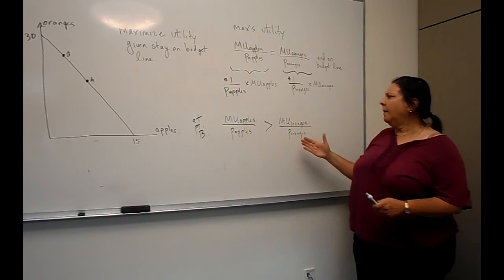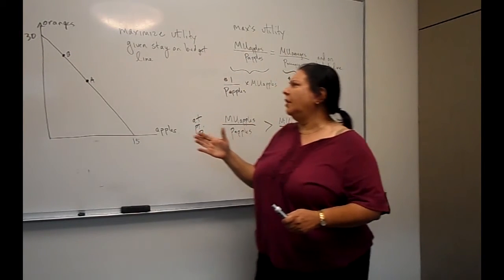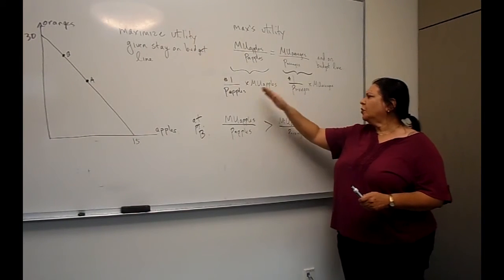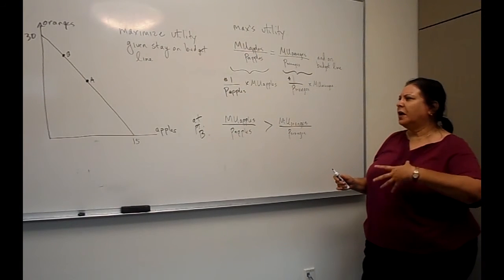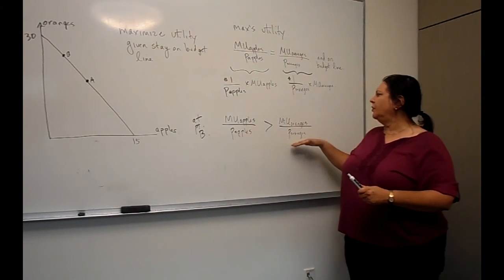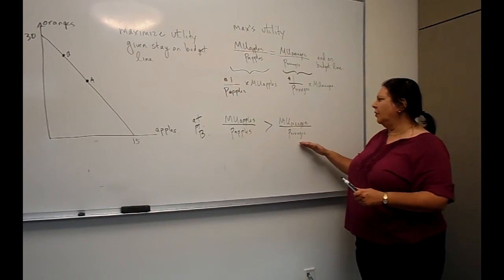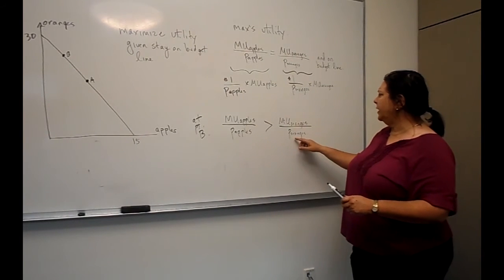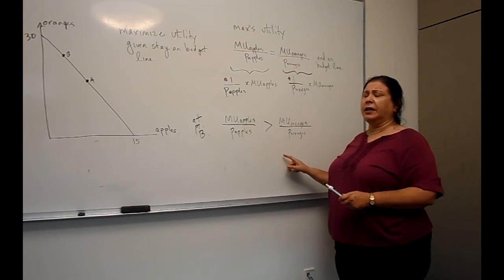What does that mean? That means I'm spending all my money at point B. So I'm spending the $30, let's say. But if I buy $1 worth more of apples, so I move down the budget line to buy a few more apples, the extra utility I get is greater than the utility I lose from no longer spending that dollar on buying oranges. So if I took $1 away from spending on oranges, I buy a little bit less orange.